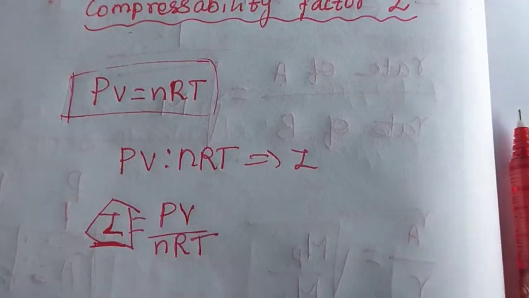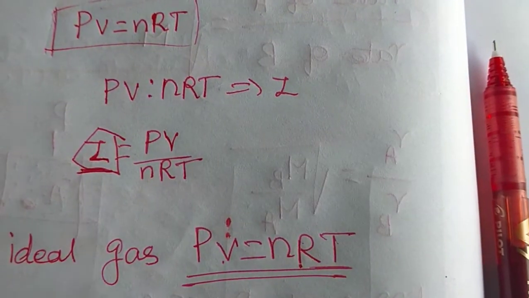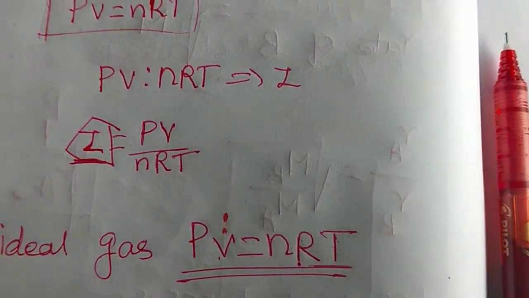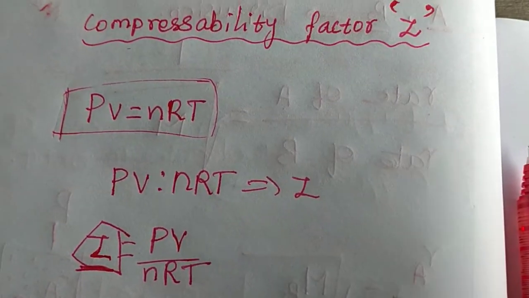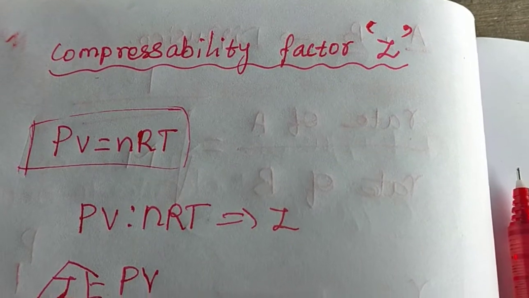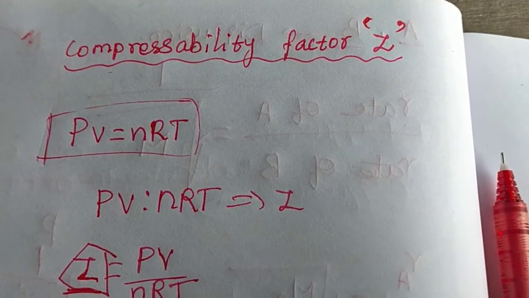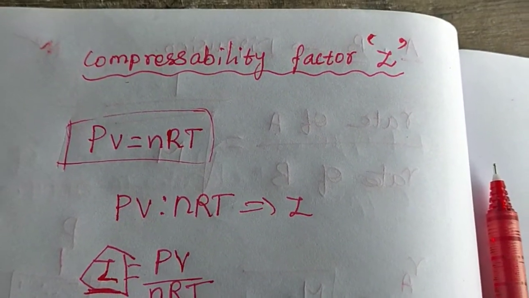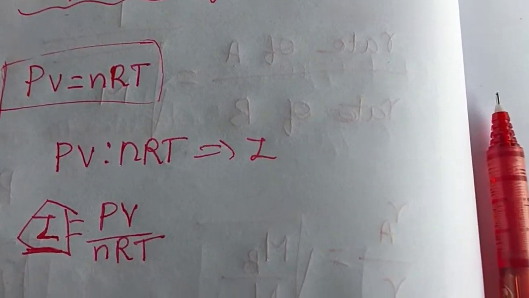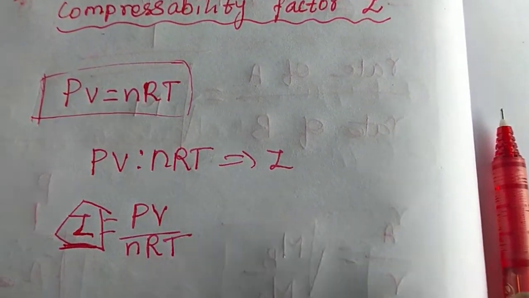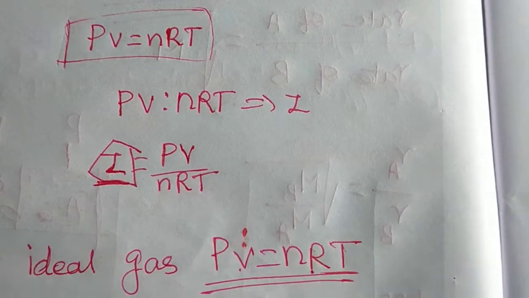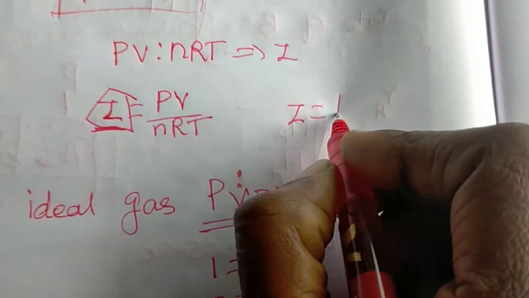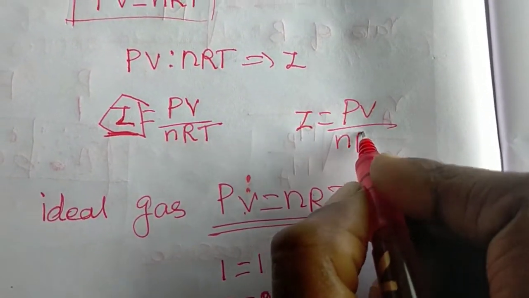When a gas undergoes the compression or expansion process, you get one factor in between the two. You get some factor under the condition PV is equal to nRT. That means Z is equal to PV divided by nRT.